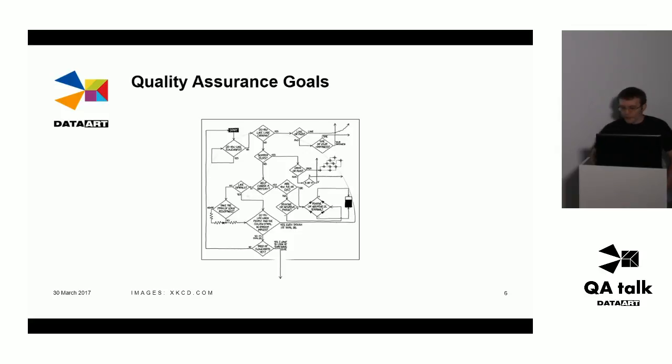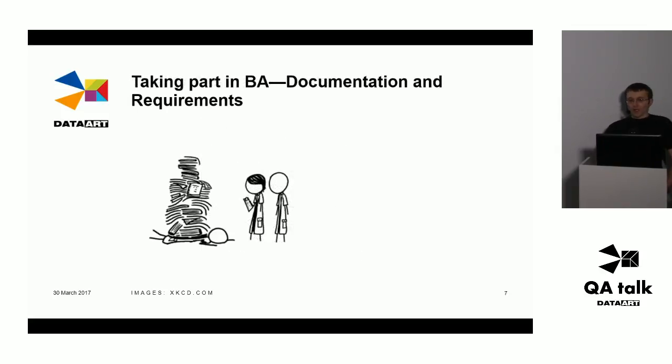Let's now switch to specific steps. Speaking of business analysis, the easiest and the first thing you can do is test documentation and requirements. A business analyst, unfortunately, will never do it. The simple reason for that: you cannot apply creative thinking and critical thinking at the same time.